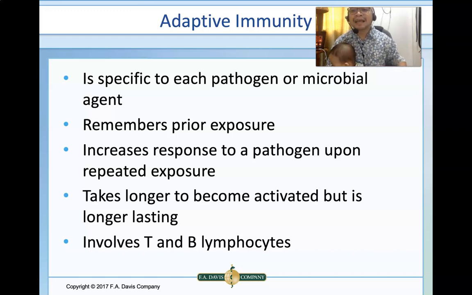We call it the anamnestic response. For the anamnestic response, the main cells responsible are the memory cells. Take note that memory cells exist for both T cells and B cells. Adaptive immunity increases response to a pathogen upon repeated exposure.